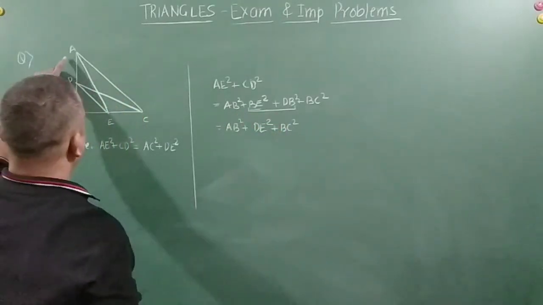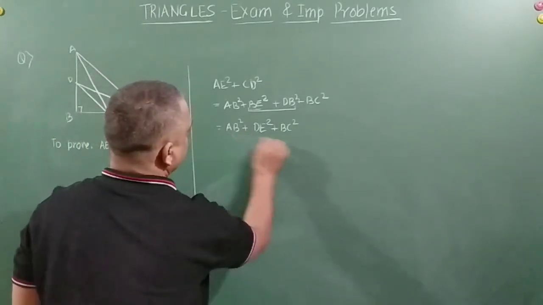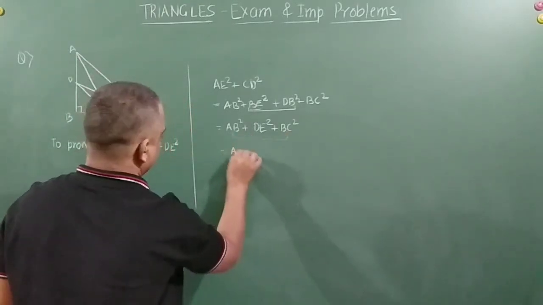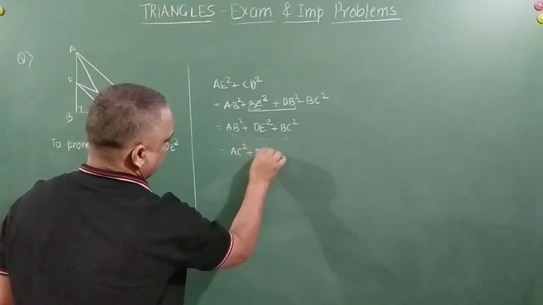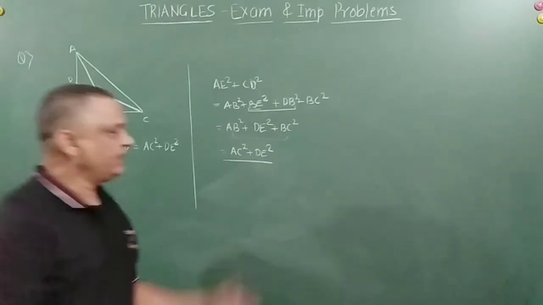Now, AB square plus BC square can be written as AC square. Right friends? We have done it, hence proved.